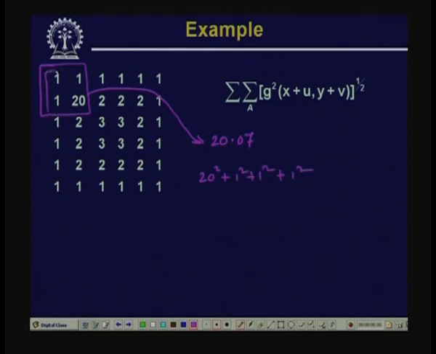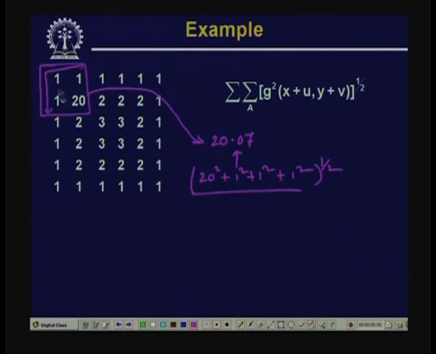Other elements for this shift within this 3 by 3 window are equal to 0. So, I have to take the square root of this, and if I compute this component, I get the value of 20.07.